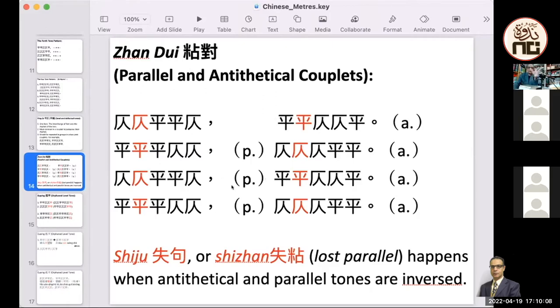When there is inversion, that's when a poet changes the tsu into ping and the ping into tsu. For example, we call it shiji or shijan. That means there is a parallel missing or antithesis missing in the poem, in the line.